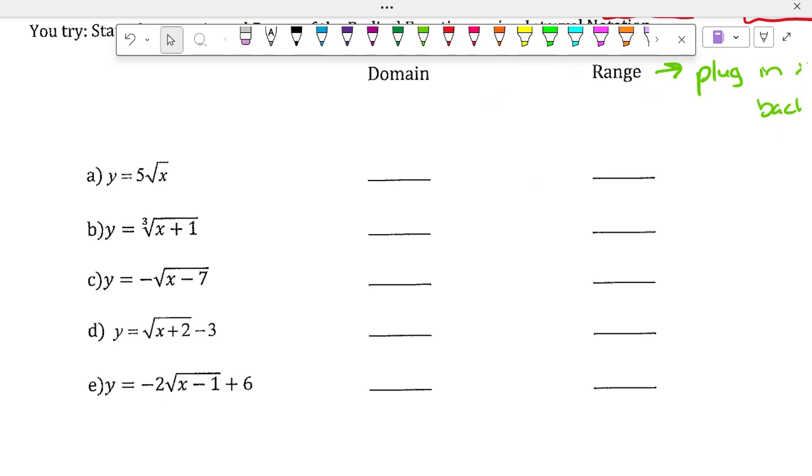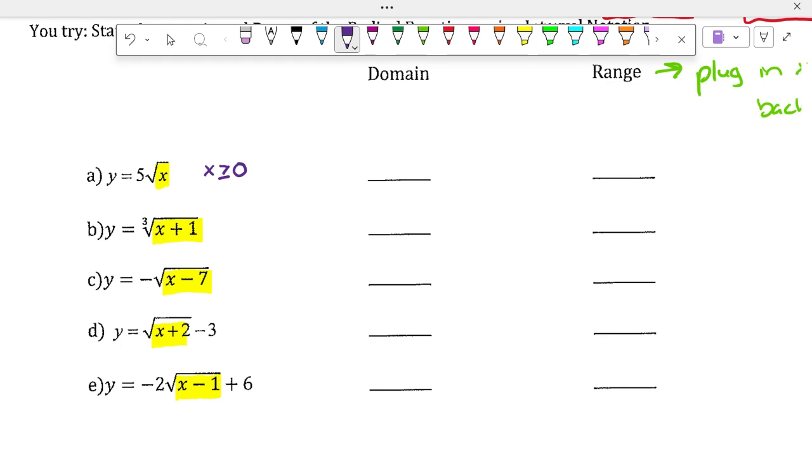Not quite. Remember, guys, everything is based off of what's under the radical, and you're going to set it equal to 0 or greater than or equal to 0. So for this one, you set up x is greater than or equal to 0. William, do I have to do anything for that?